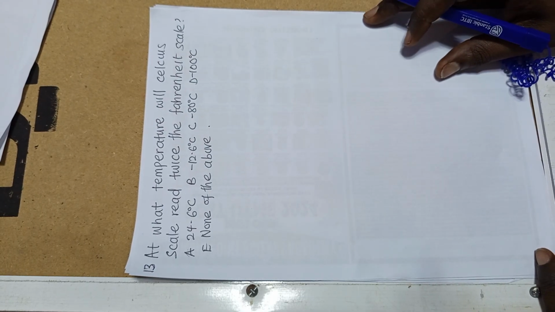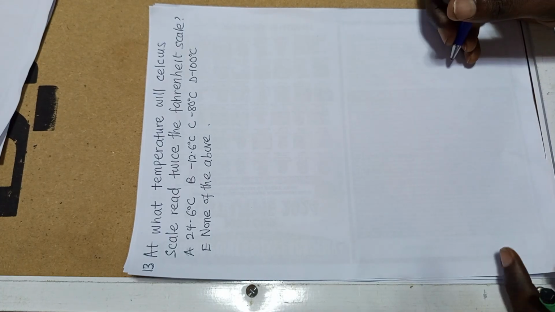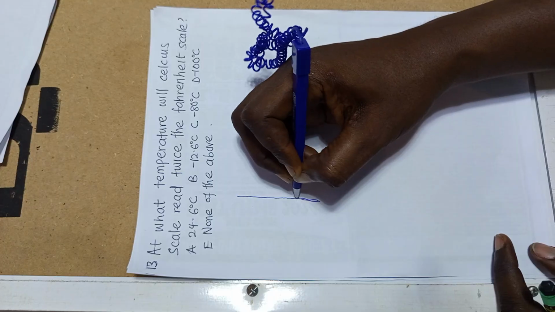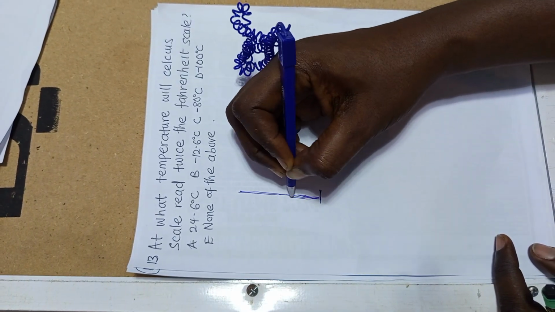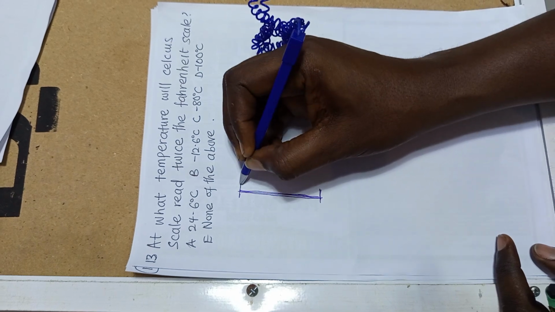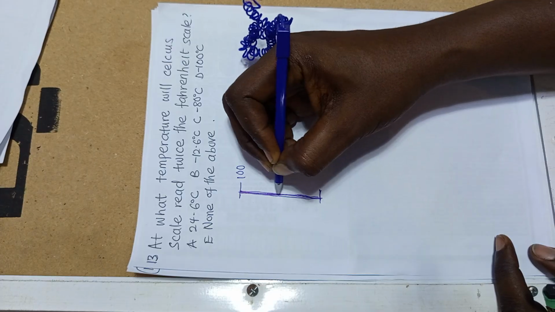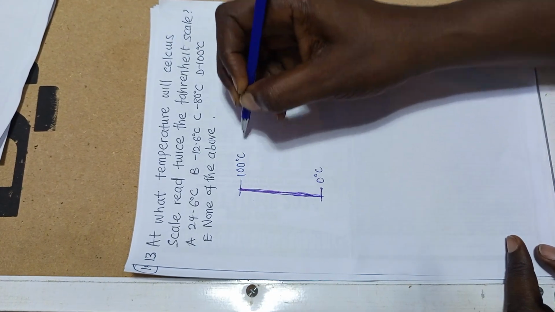At what temperature will the Celsius scale read twice the Fahrenheit scale? Let's say this is the Celsius scale, 100 is the boiling point and 0 degrees Celsius is the freezing point.